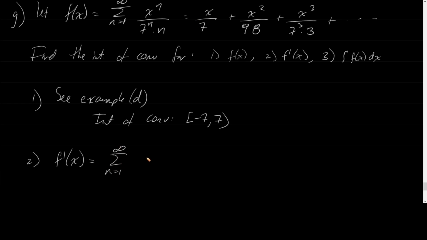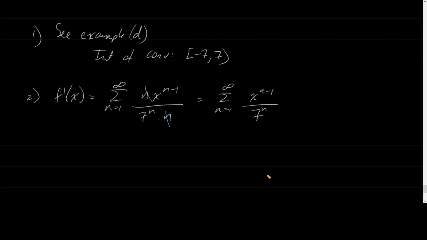And I'm going to have n times x to the n minus 1 over 7 to the n times n. At that point, you see clearly that that n cancels out. Now what we have here is just really the series from n equals 1 to infinity of x to the n minus 1 over 7 to the n.